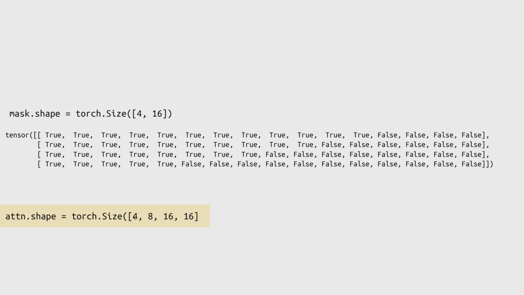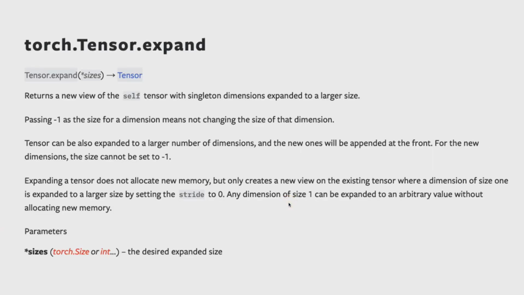And then I have 4 items in the batch, and as we see here, because there's a different number of padding tokens for each item, I'm going to have my own set of attention scores for each item. So how do I go from a 4 by 16 to a 4 by 8 by 16 by 16 tensor?